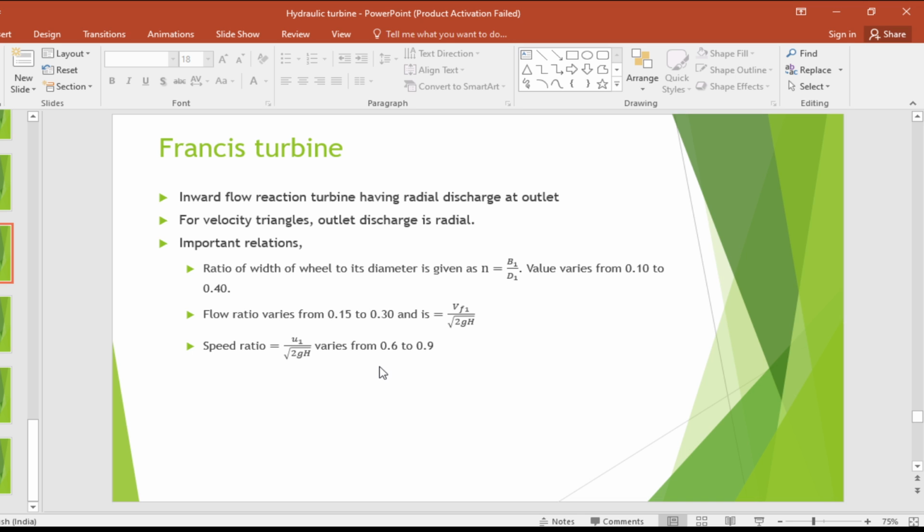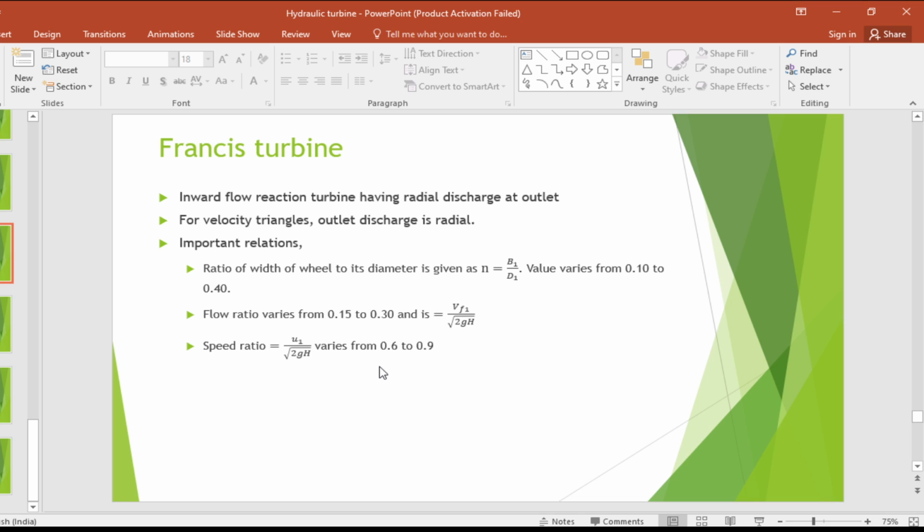So the value of whirl velocity at outlet will be 0, that is VW2 will be 0, and the value of beta for outlet is 90 degrees.